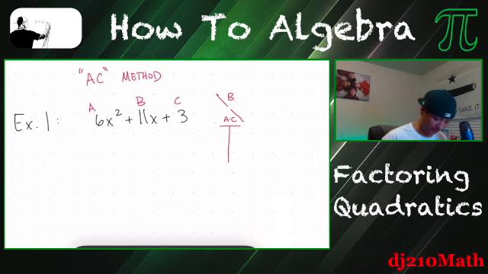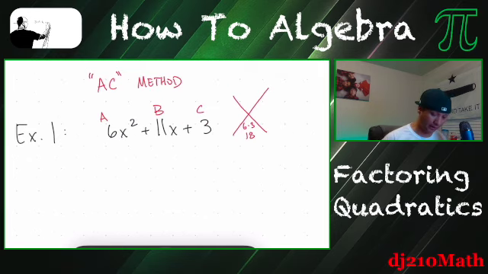So what's happening is that in this particular example, we have A times C. So 6 times 3, and this is positive 18, right? Positive 18. And I need to figure out what factors of 18 add up to positive 11. When you're going through this list, the more you do this, the faster you're going to get.